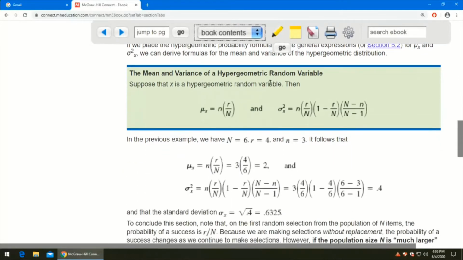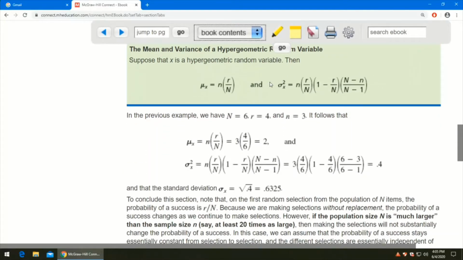And I've already explained to you that we have n into p, which is the hypergeometric mu. And it is followed by N having at least 20 times as large a pool, so the sample selection is not as large as the main pool is. So whatever you select, even if it is without replacement, it's not going to have too great an impact on the total population value.